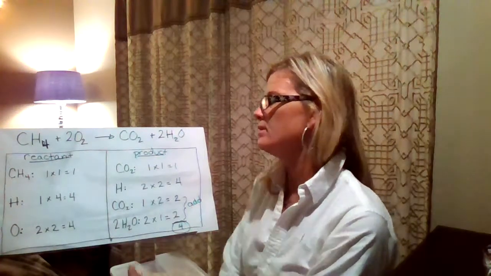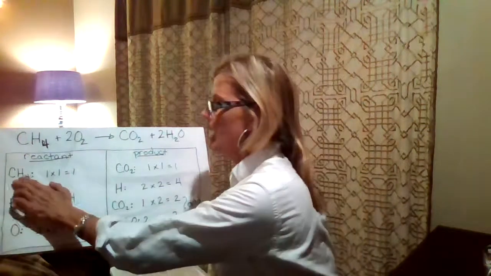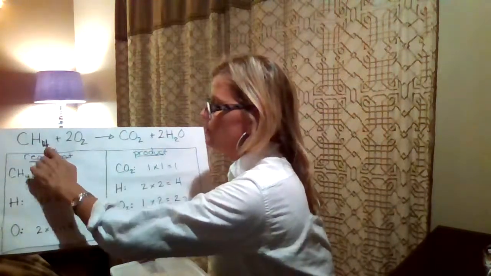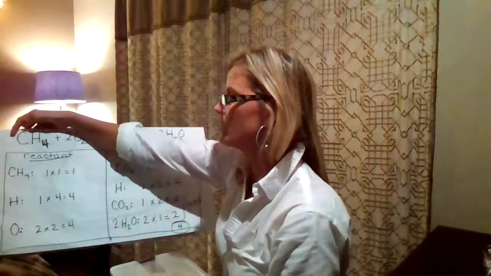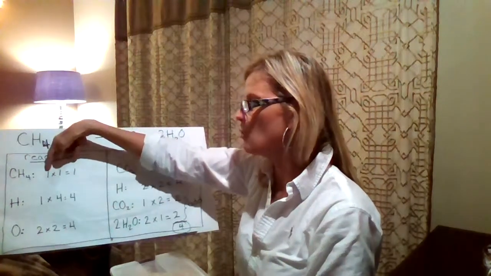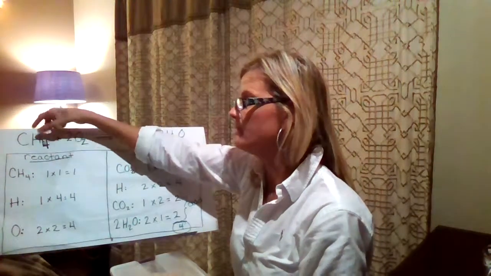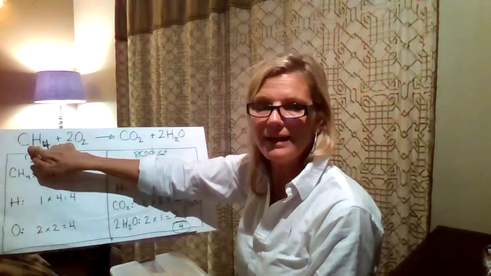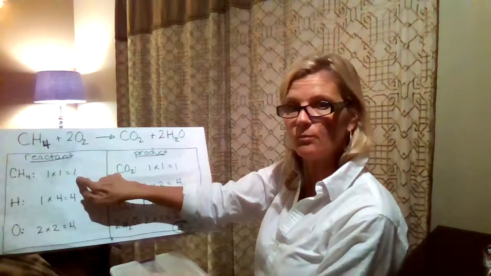To count the number of atoms, we'll first start out with the carbon atom up here. Since this is our first molecule, we'll write the molecule down. We look to the left of the carbon, and we do not see anything, so we just assume that this is 1 carbon. We write 1. Then we look to the right of the atom, and there is not a subscript number there, so we also assume that is a 1. 1 times 1 equals 1.